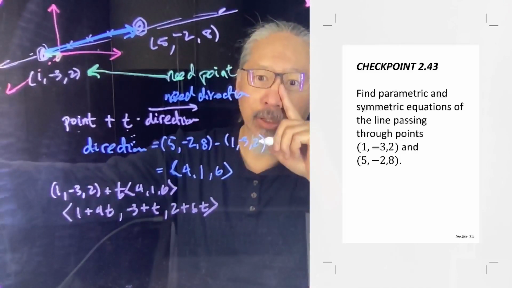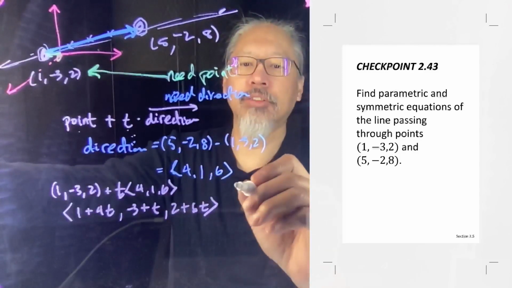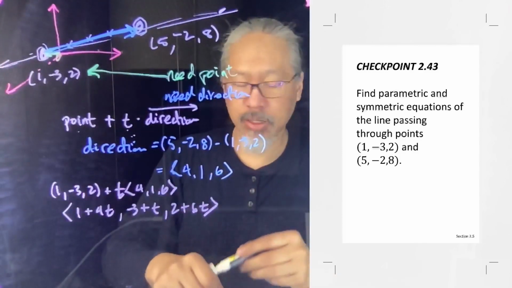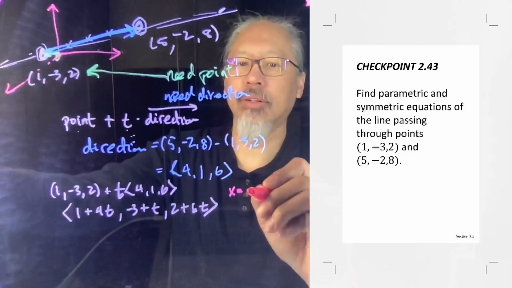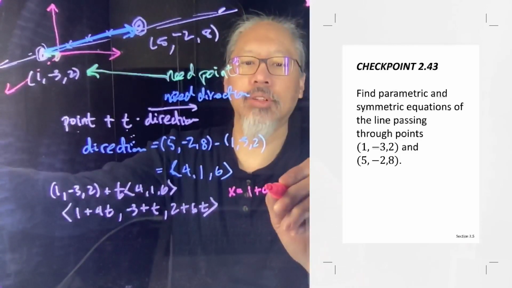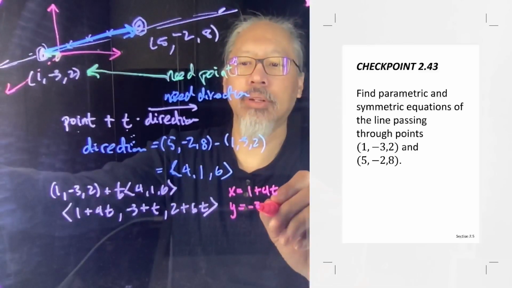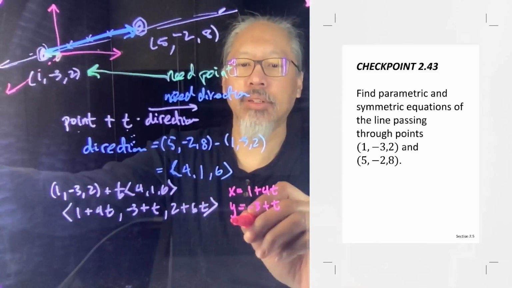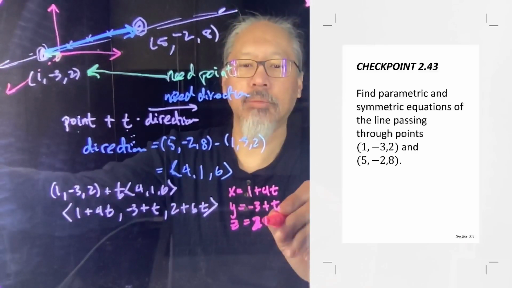So that essentially is your parametric equations. We set x to be the x component, 1 plus 4t, y to equal the y component, -3 plus t, and z is going to be 2 plus 6t.